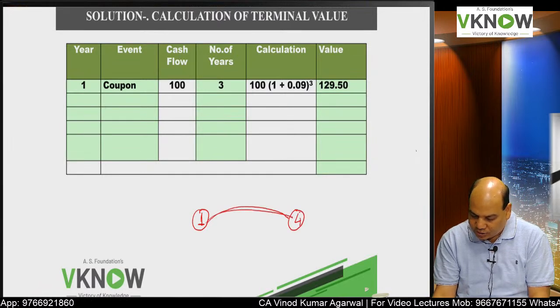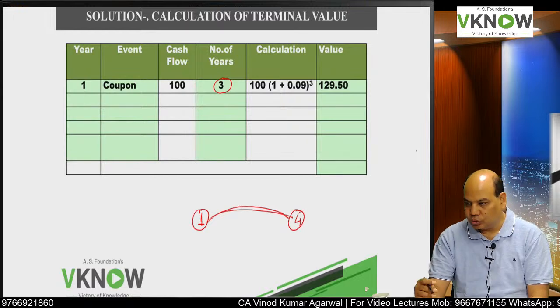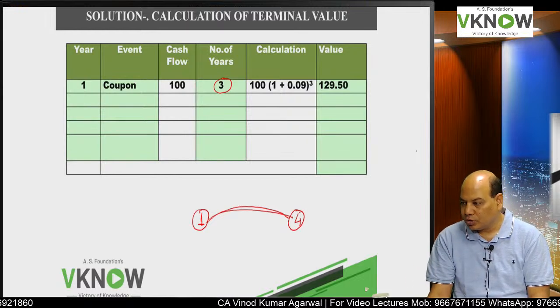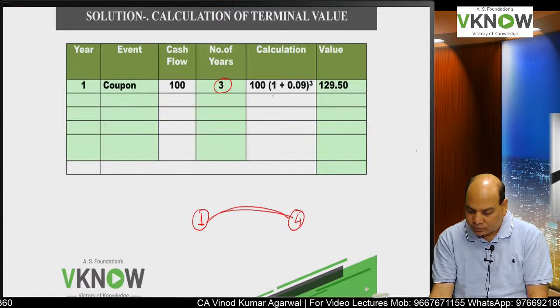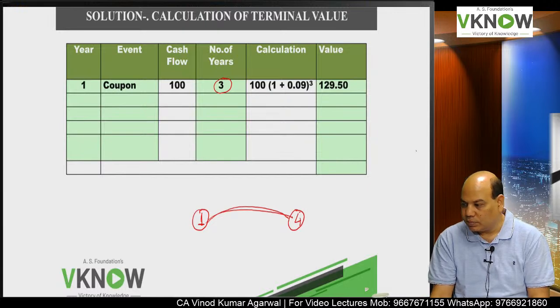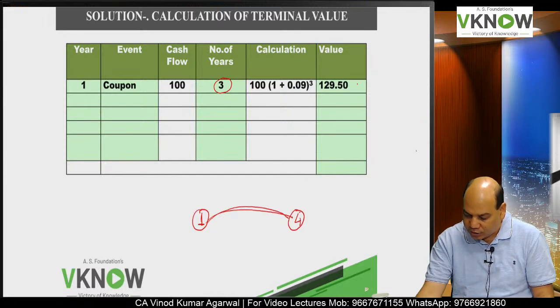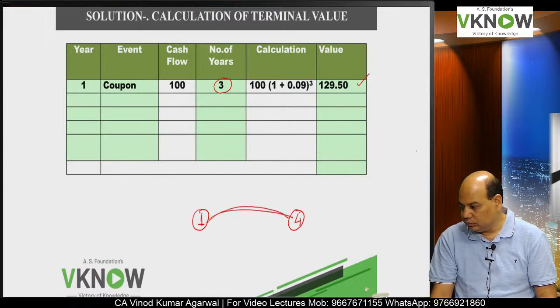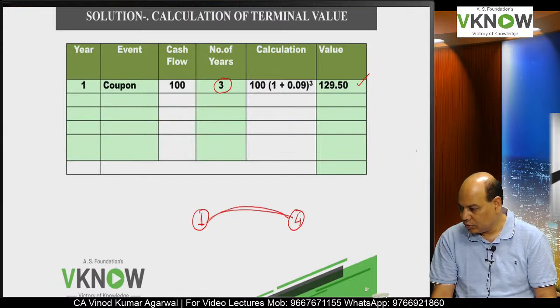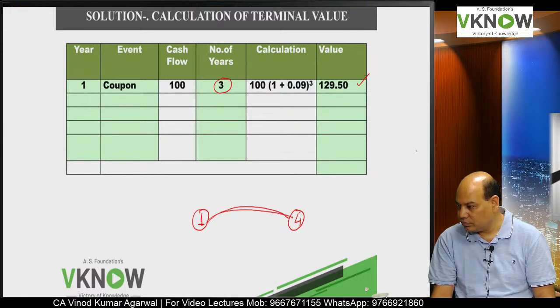So the gap is 3 years. So invest it for 3 years. The future value you will get is 100 into 1 plus 0.09 to the power 3. Check the answer I have calculated. Is it 129.50?